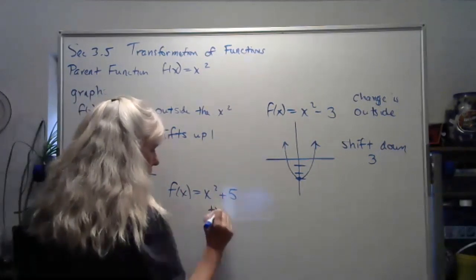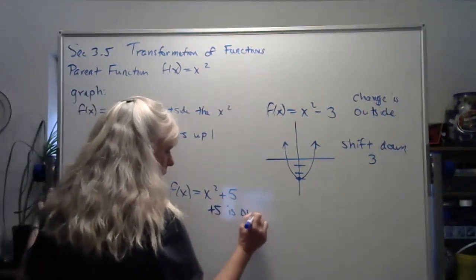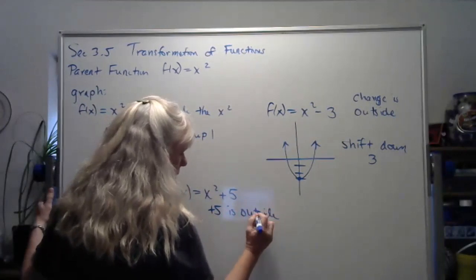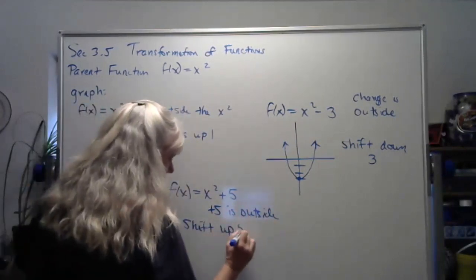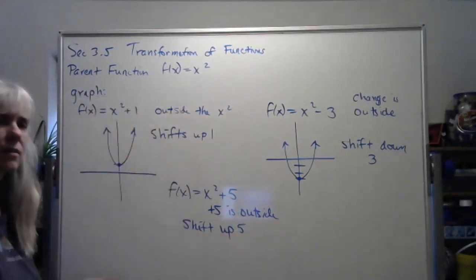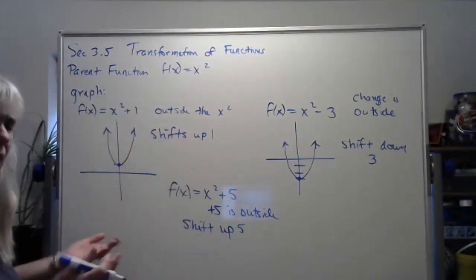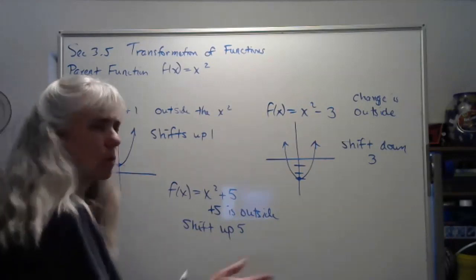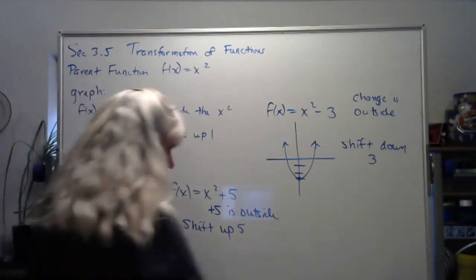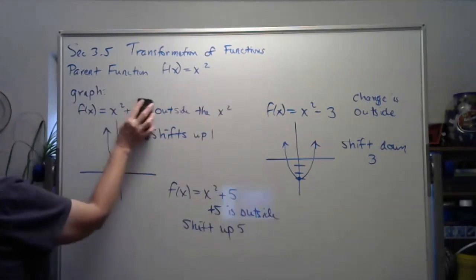So because the +5 is outside, it's going to shift up 5. And it's really shifting every single point on the graph up 5, but all we really plot is that one point that makes up the vertex. So beautiful. Okay, that's on the outside. And in a minute, we'll come back and write some generalized directions.